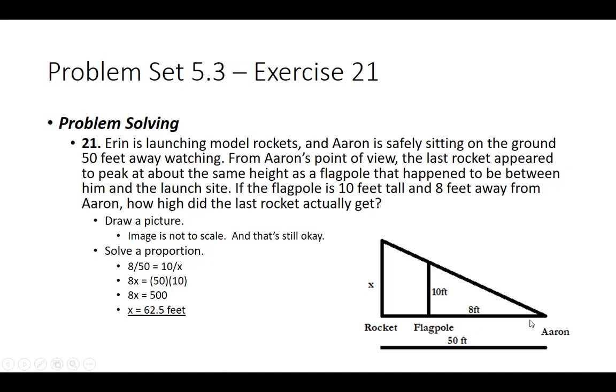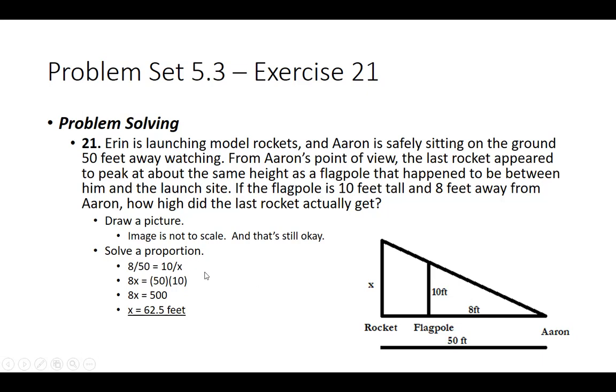So little triangle to big triangle gives us 8 to 50 as one ratio. Over here, little triangle is 10, big triangle is x. So the other is 10 over x.